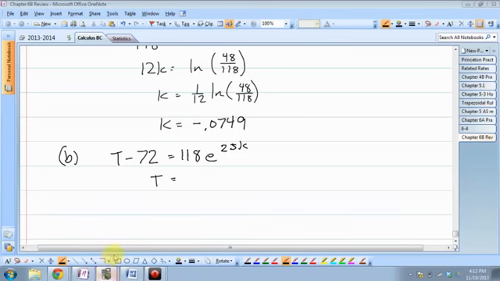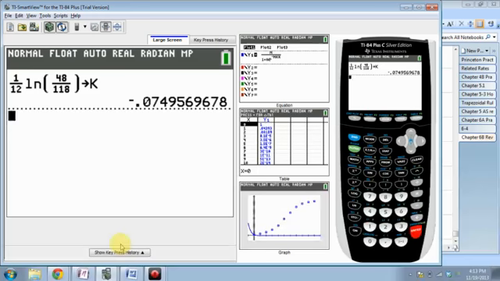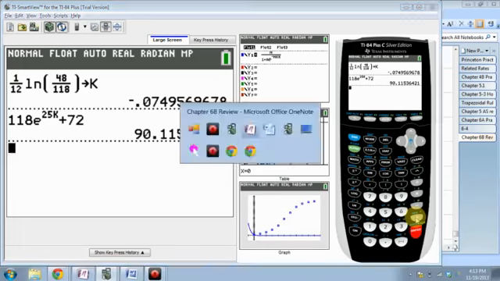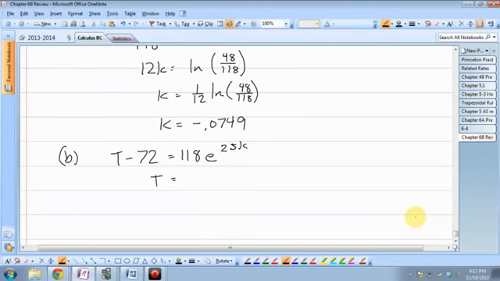That's 118 e to the 25k plus 72. That's 90.115. Does it say to round at all? Okay, so 90.115.